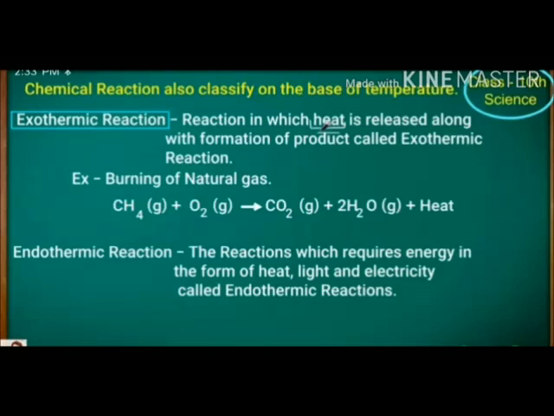This is similar to decomposition reaction, which requires energy like heat, light, electricity. Decomposition is an endothermic reaction, and exothermic reactions are like combination reactions. So in exothermic reactions heat is released, and in endothermic reactions we require energy in the form of heat, light, and electricity. Therefore, endo is decomposition reaction; exo, the two things are combining.